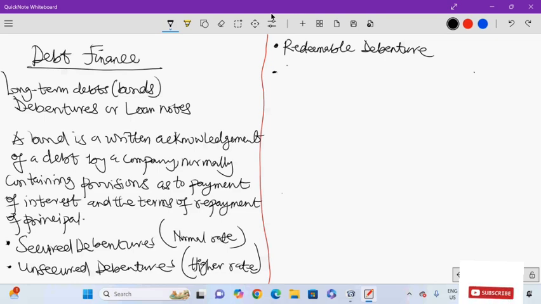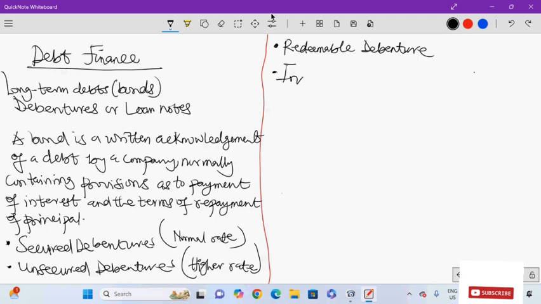So you are going to pay the principal. They are usually repaid at nominal value. Usually they are issued at a premium.